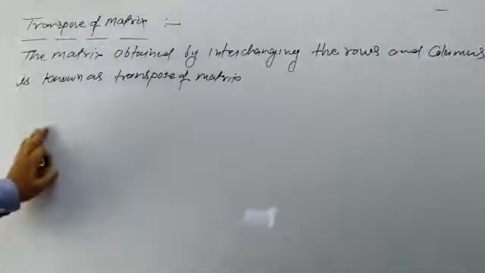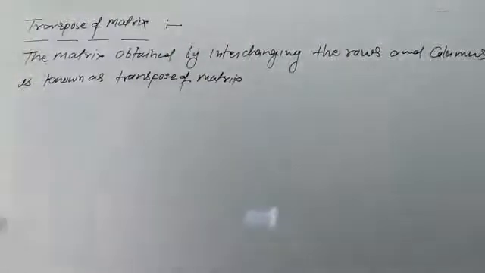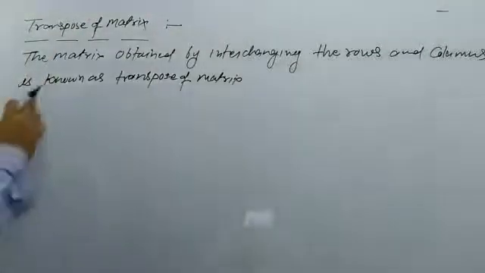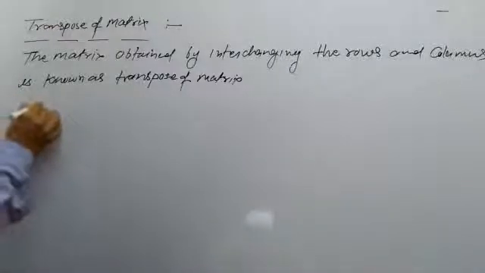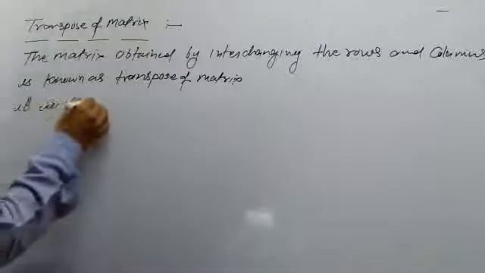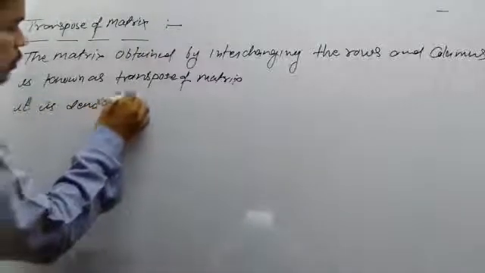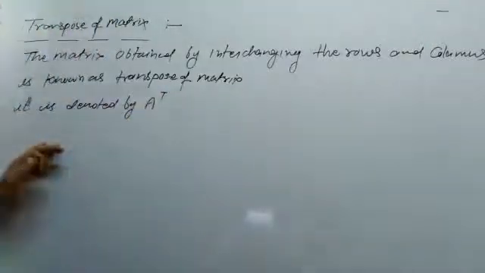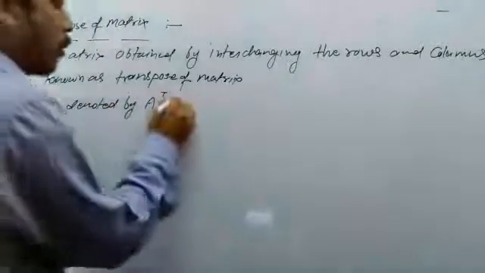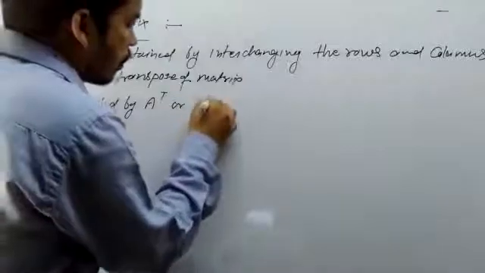The transpose of matrix is denoted by A^T, A upper script T, or A dash.